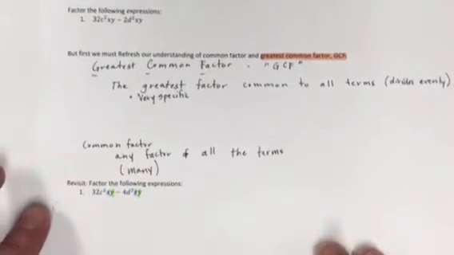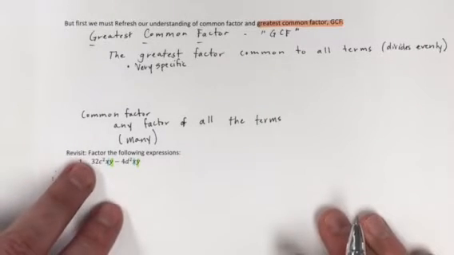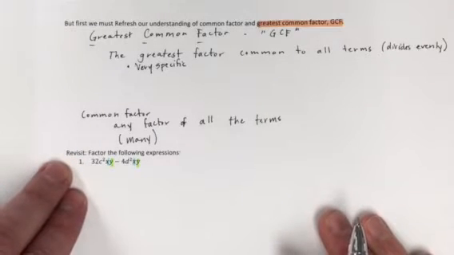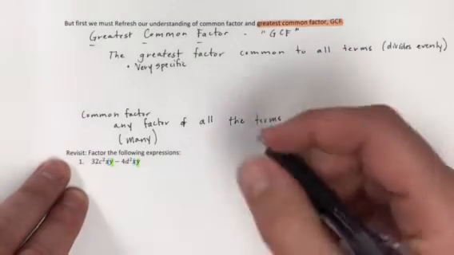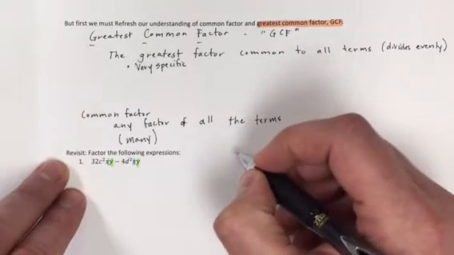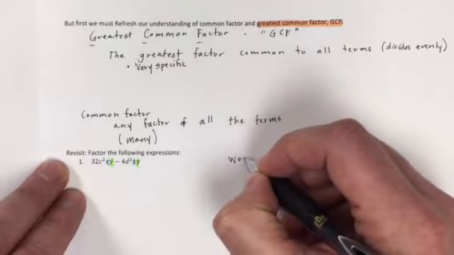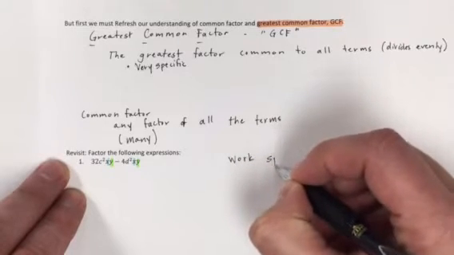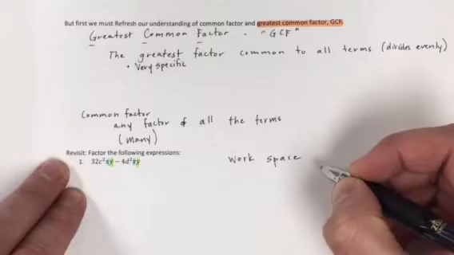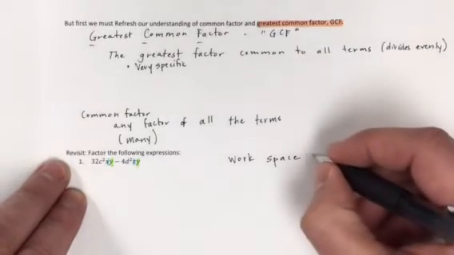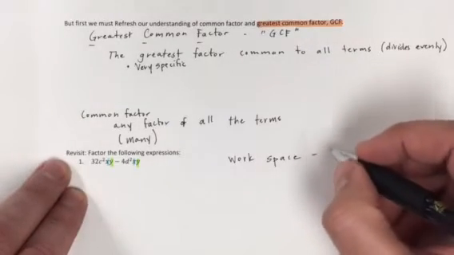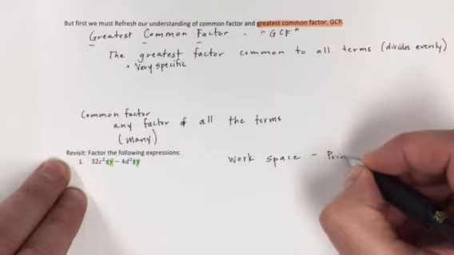Okay, so we look back at our example and we notice it says 32c squared xy minus 4d squared xy. And we're definitely going to need our workspace. And the reason why we need the workspace is because we need to break everything down by its prime factors.